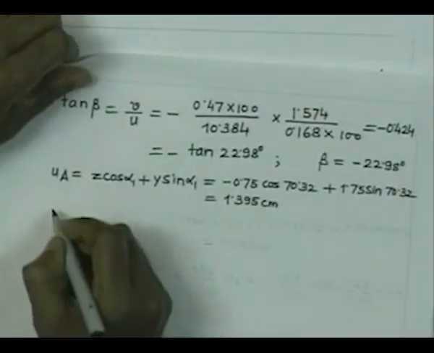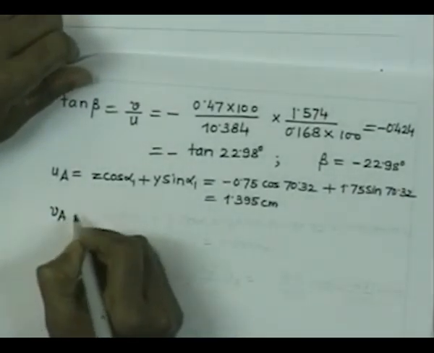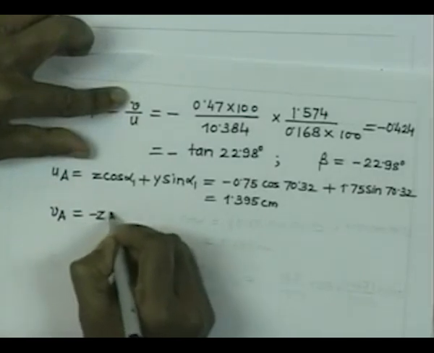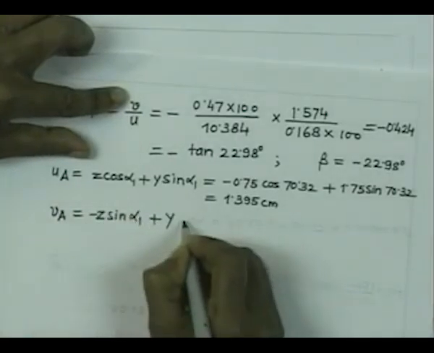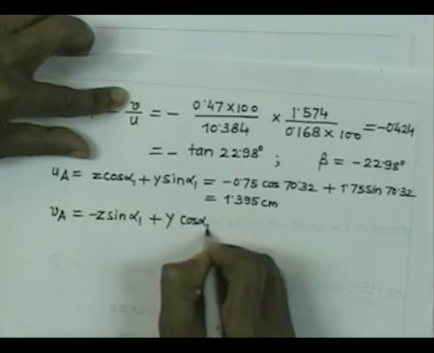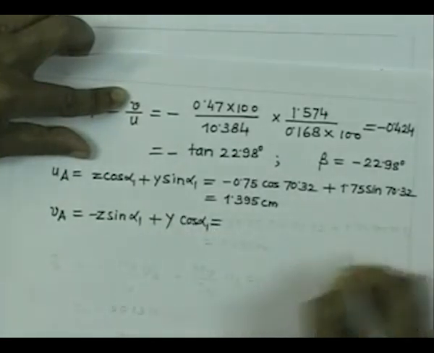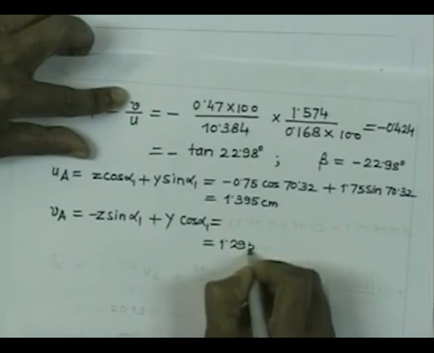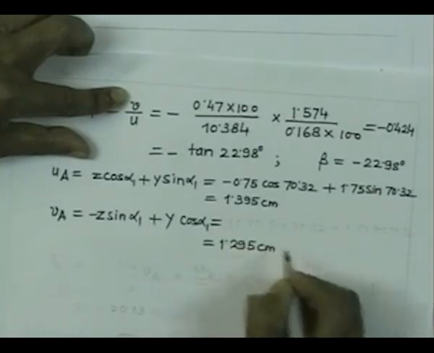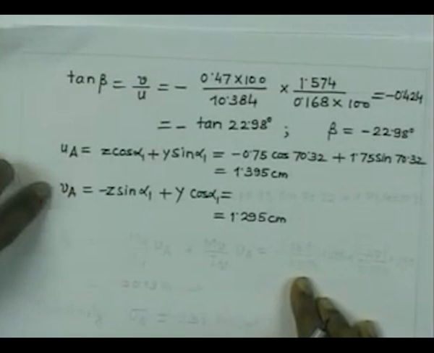Similarly, vA is nothing but minus z sine alpha 1 plus y cosine alpha 1. Once you substitute the values, it comes out to be 1.295 centimeter. So, these are the coordinates.